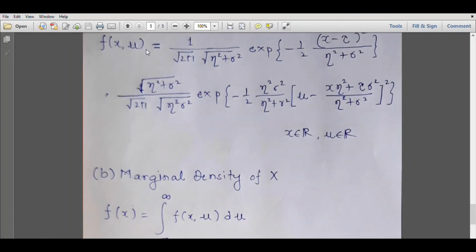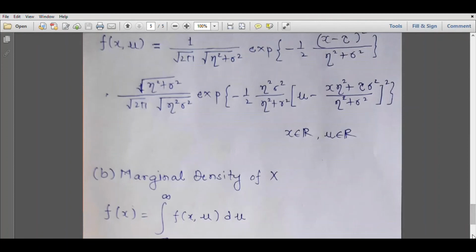If you integrate this with respect to mu, the first normal PDF will be as it is, and the second normal PDF contains the terms of mu. So this will get integrated with respect to mu, and the integration of this whole term will be 1 because it itself is a normal density function, and so what will remain is simply this term.